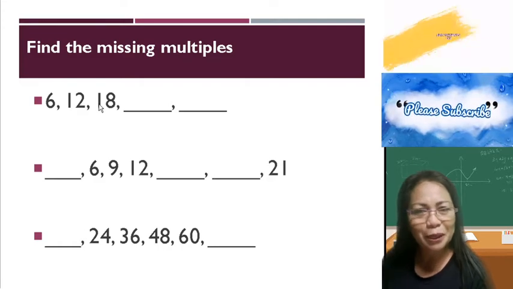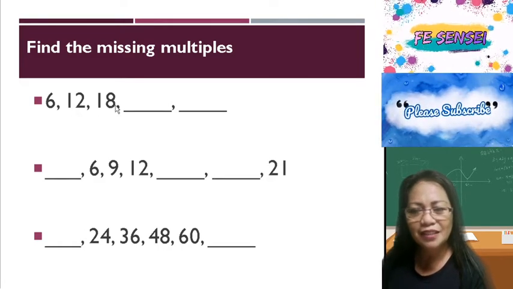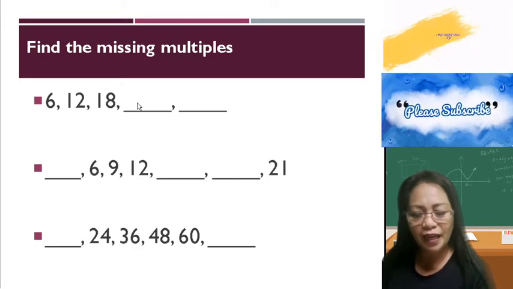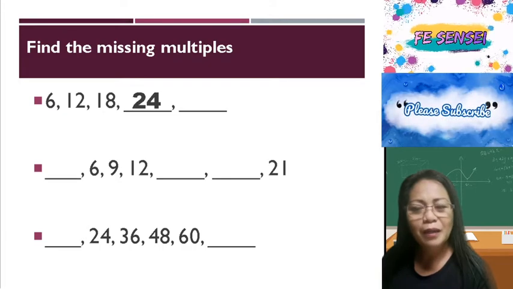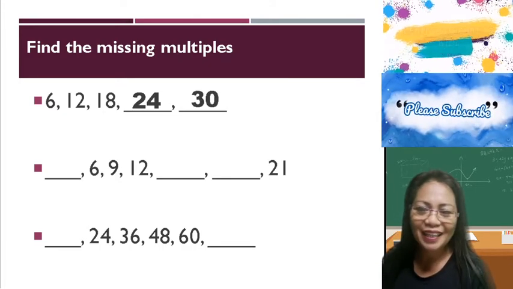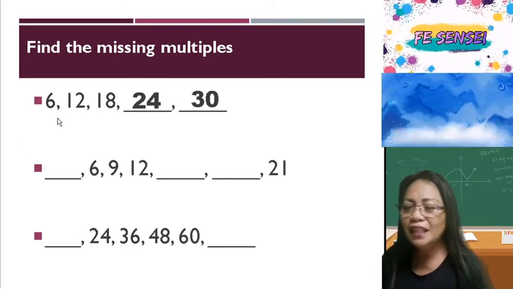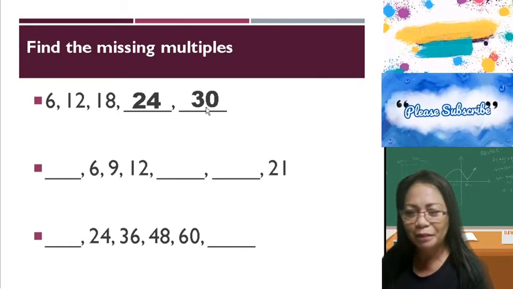Therefore, these numbers are multiples of 6. So 6, 12, 18, 24, plus 6, it's 30. So the multiples of 6 are 6, 12, 18, 24, and 30.